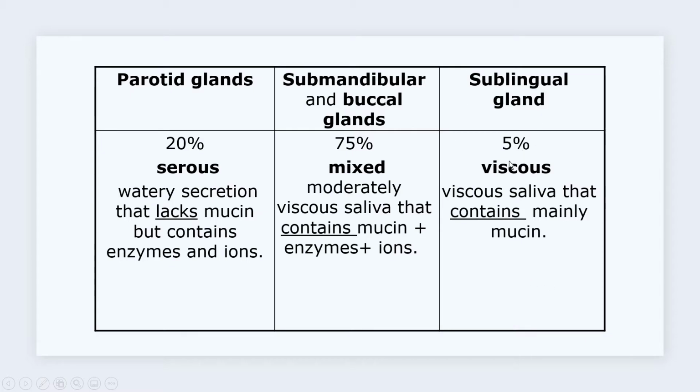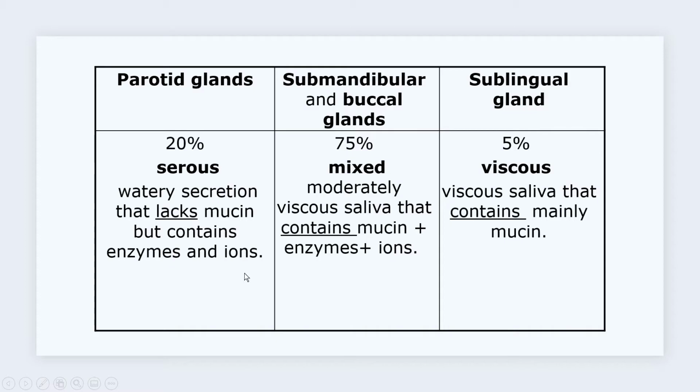However, in the sublingual case, the saliva produced by the sublingual gland is about 5% of the total saliva produced per day, and it is viscous. As I told you, viscosity is basically due to the presence of mucin. So here, the major part of the sublingual saliva is mucin. The submandibular is both mucin and serous secretion, and in the parotid the major content is serous in nature.